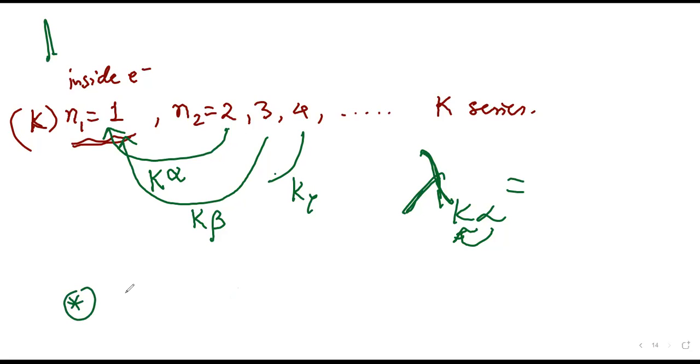So a vacancy is created in the second shell, and the electron is coming from the fourth shell. So what type of X-ray is this? So which is L gamma. No.